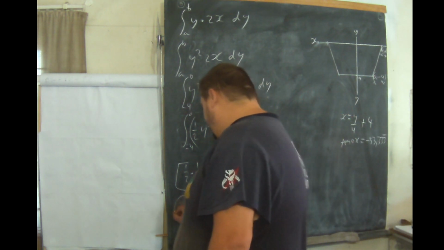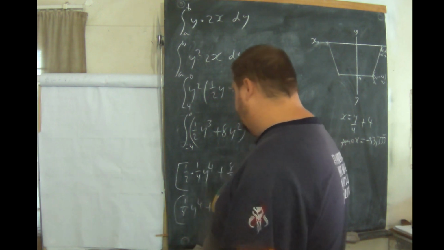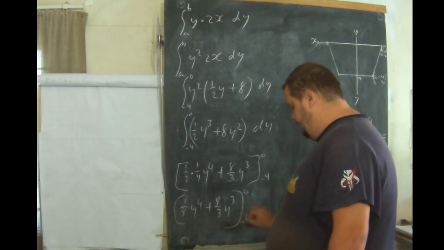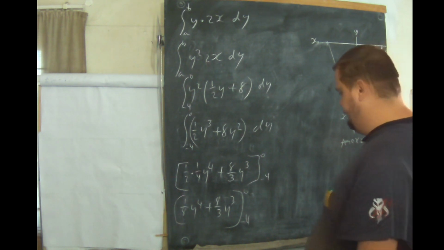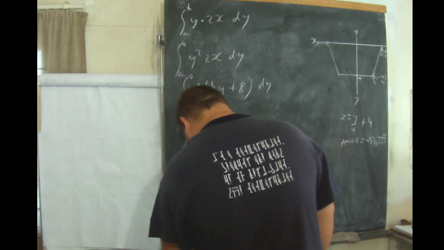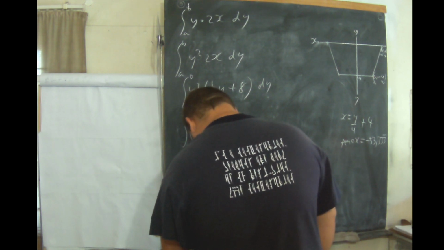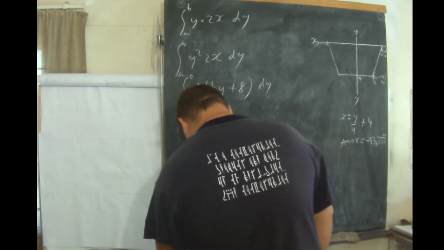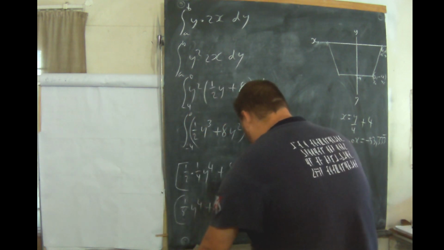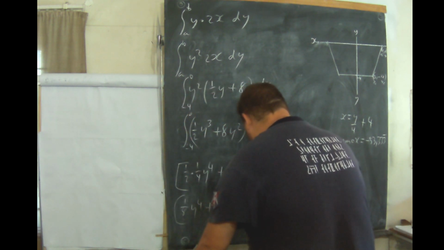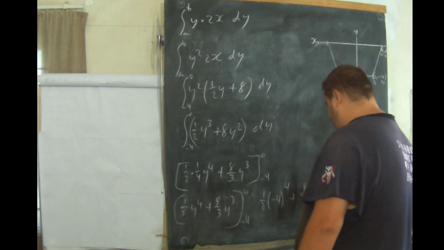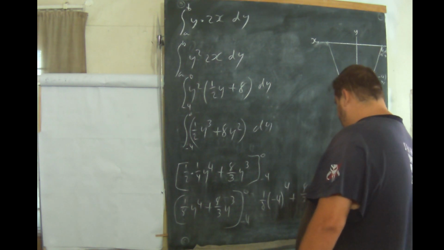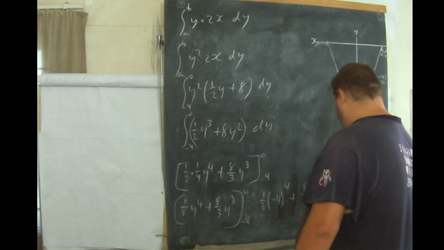Okay, now we just plug in minus 4. As we plug in 0 here, we will get 0. So 0 and minus 4. So plug in minus 4 where you see y. And we get the lovely answer. So 1/8 times minus 4 to the power 4 plus 8 over 3 times minus 4 to the 3.